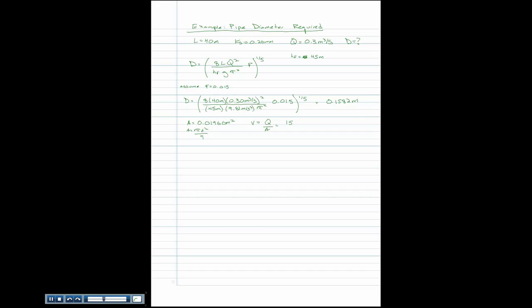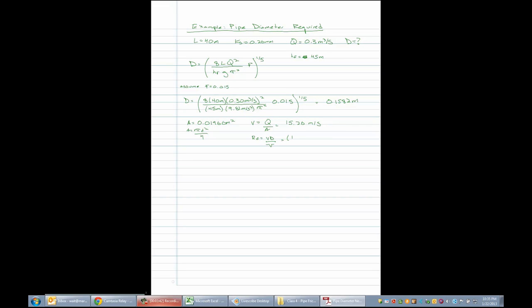The velocity is 15.26 meters per second. And if we know the velocity, we can find the Reynolds number. The Reynolds number uses 15.26 meters per second and the diameter that we've just selected, 0.1582 meters.